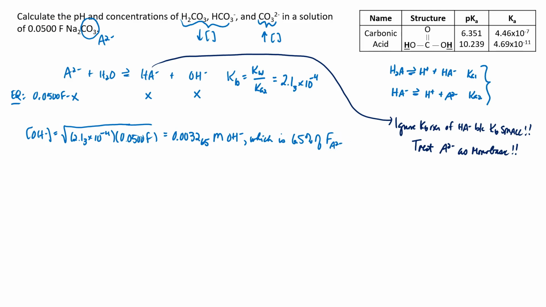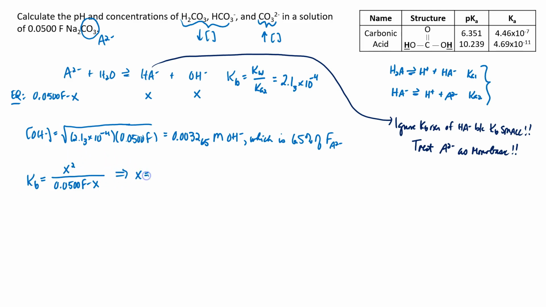We're going to have to use the quadratic, and maybe I'll just set it up for you. We would begin by saying Kb is equal to products over reactants, so that would be x squared over 0.0500 formal minus x. And I think I'll let you use the quadratic on your own.